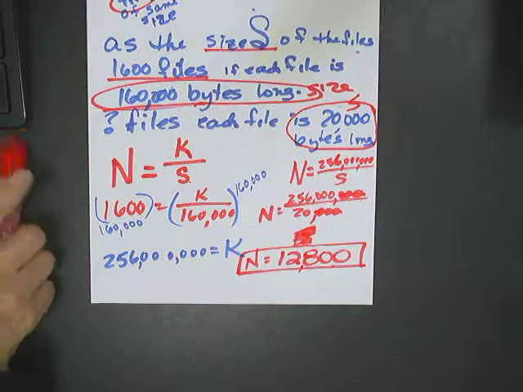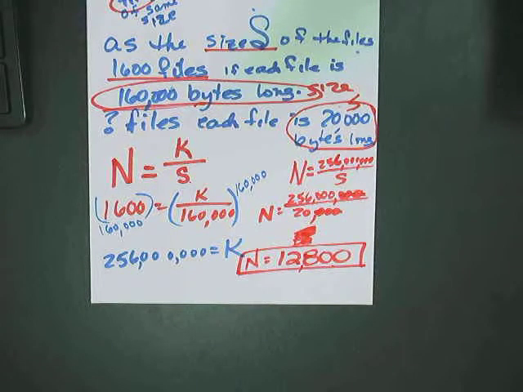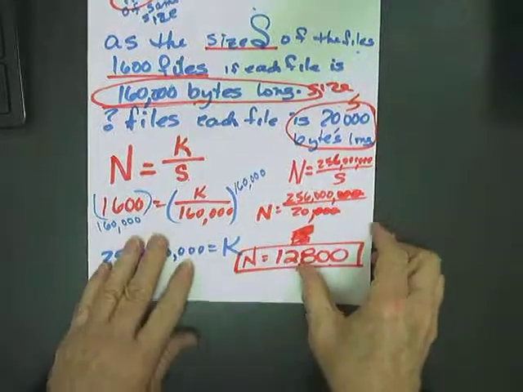And it doesn't want anything except the final answer, so you don't even have to write that anywhere. It's just part of your work. N equals this over S. Okay?